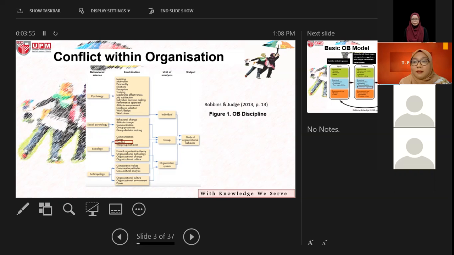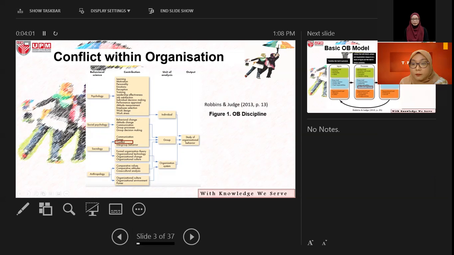Why? Because this is based on an organizational behavior model by Robbins and Judge. I'm sure if you have attended the organizational behavior classes, you've been introduced to this book. This is the model proposed by Robbins.